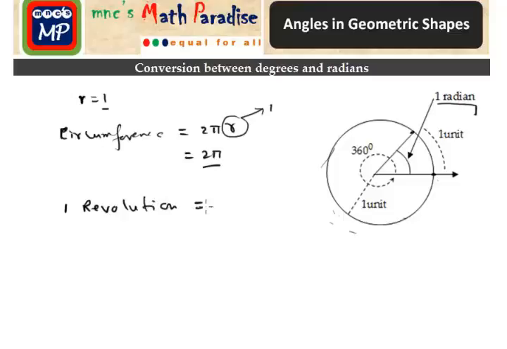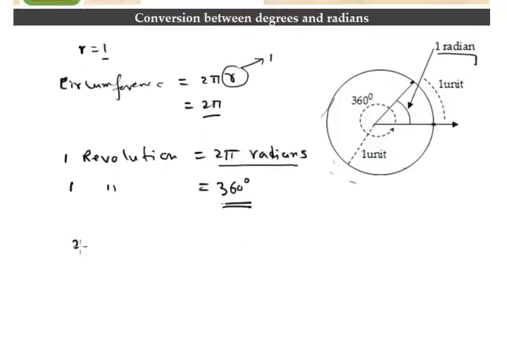In radian, 1 revolution is 2 pi radians, and in degree, 1 revolution is 360 degrees. It is the same revolution, so 2 pi radians must be equal to 360 degrees.